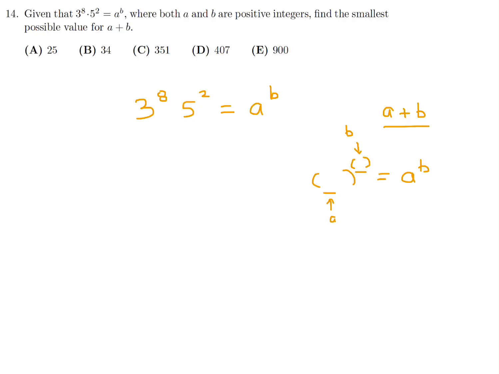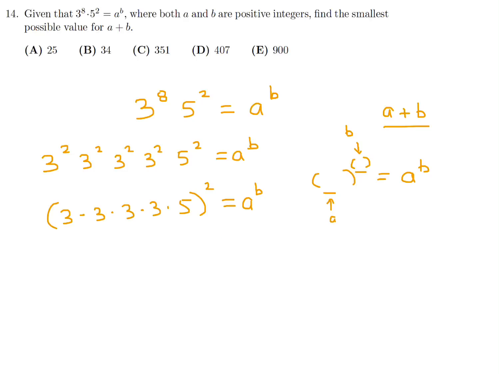So I can probably combine these. 3 to the power of 8 is 3 squared, 3 squared, 3 squared, 3 squared, times 5 squared. Since the exponents are all the same, I can combine the bases and put it all to the power of 2. Therefore, in the brackets, I've got 9 times 9 times 5.